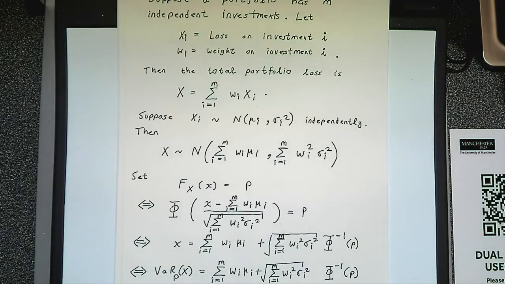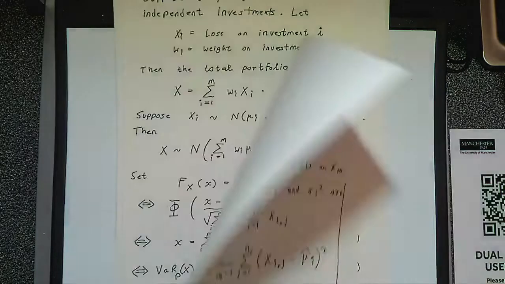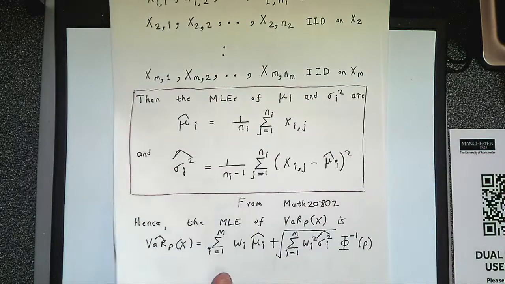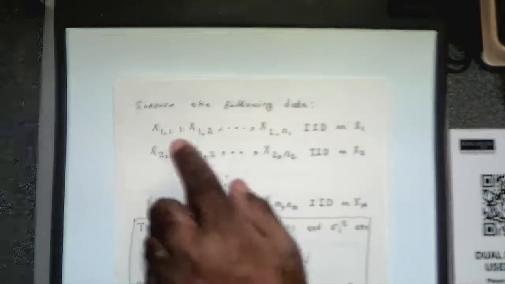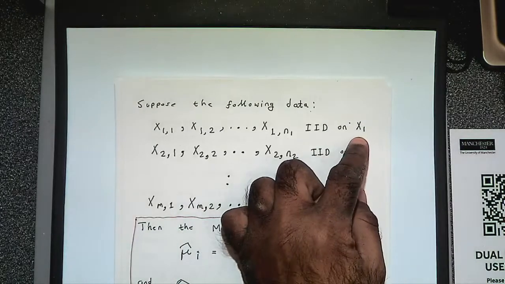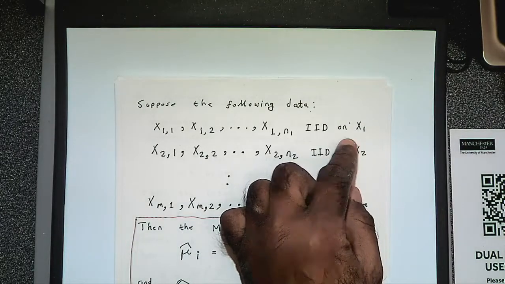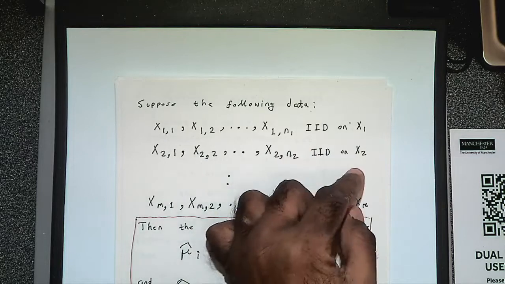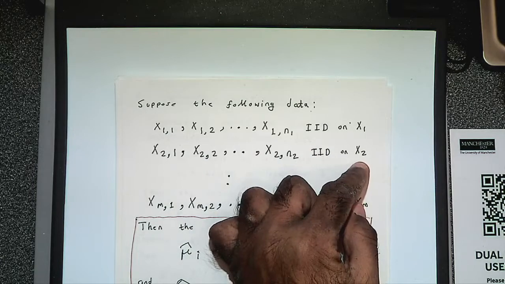Now suppose you have the following data. I'm going slowly in case. Suppose you have this data on X1, which is the loss on the first investment. Suppose you have this data on X2, the loss on the second investment.